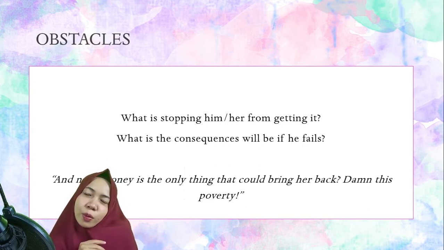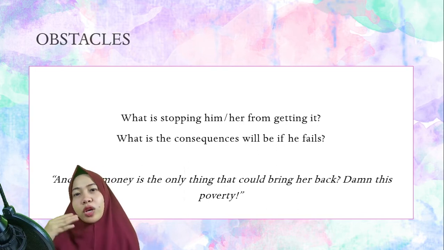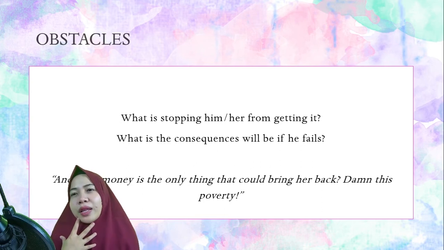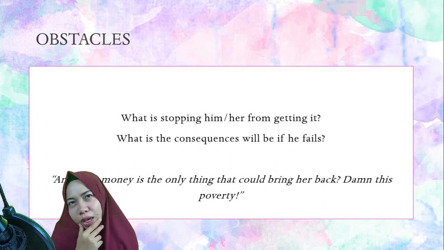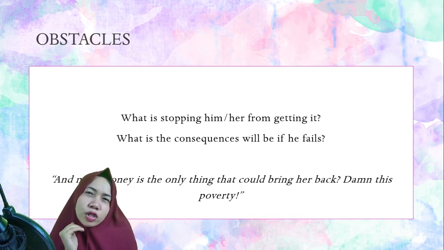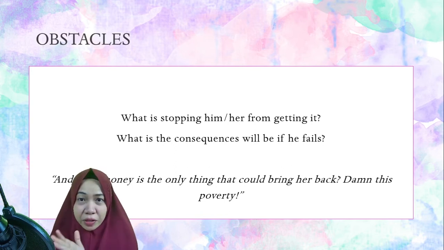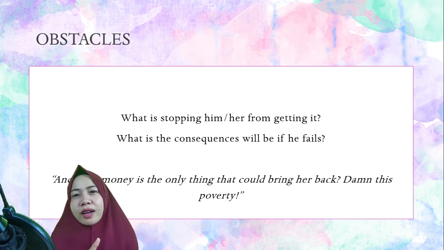Take, for example, the previous example: your character really wants to go abroad, really wants to get a scholarship. But then what are the obstacles? You have to think about it. If someone really wants to get a scholarship, what is actually the biggest problem? Of course, the application. Okay, so she is going to fail in applying.